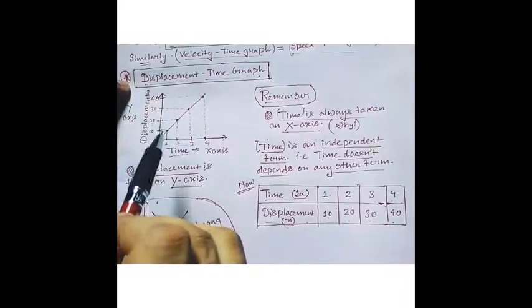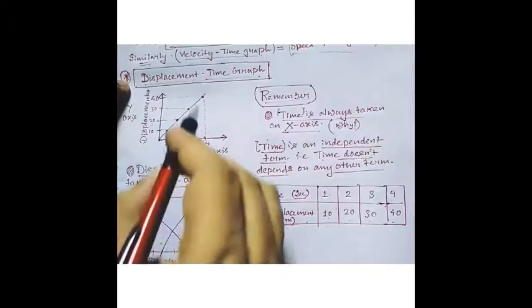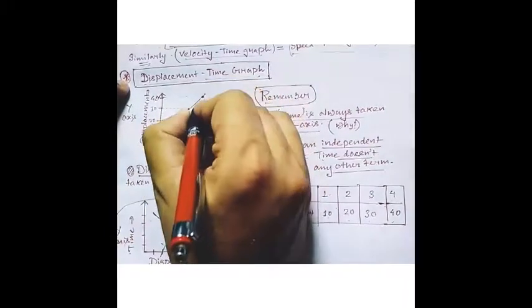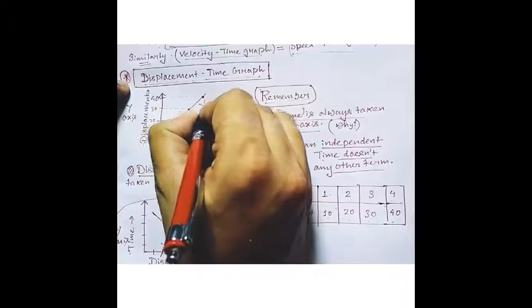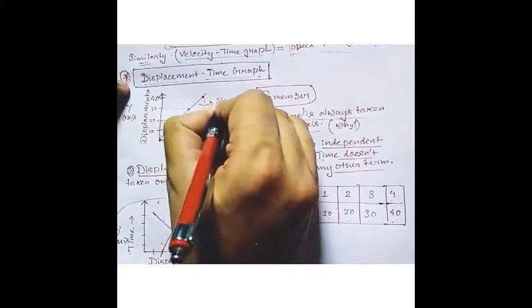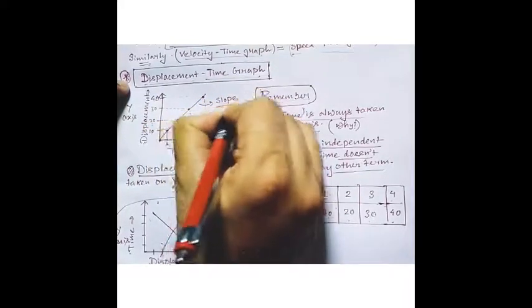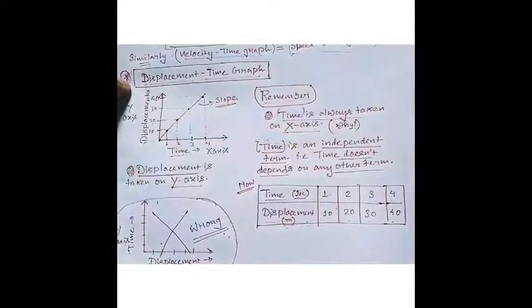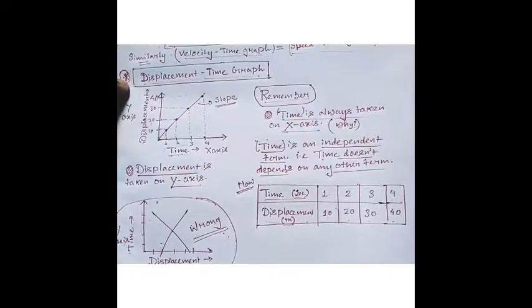Now I will show you another feature of the displacement time graph, which is slope. Slope is very important in the displacement time graph, and the slope actually indicates the velocity of this displacement time graph.